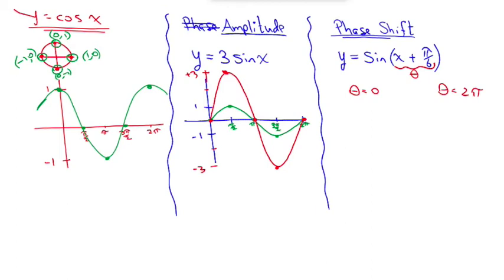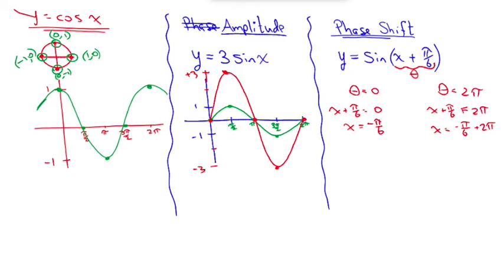If theta is equal to 0, that means x plus pi over 6 is equal to 0, so x is equal to negative pi over 6 when you solve for it. On the other one, x plus pi over 6 equals 2 pi, and therefore x is equal to negative pi over 6 plus 2 pi.